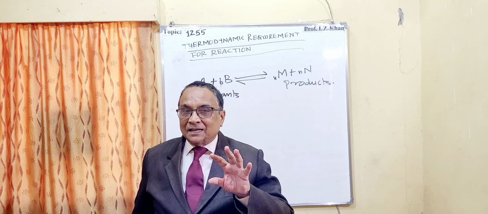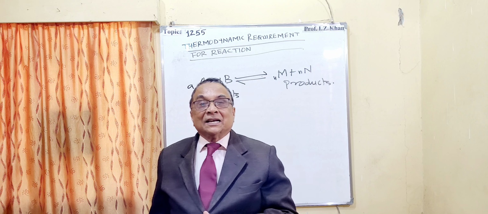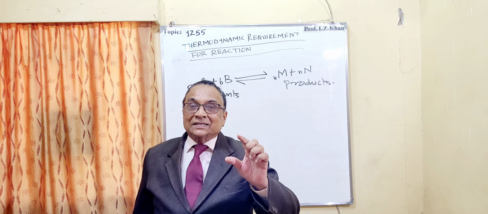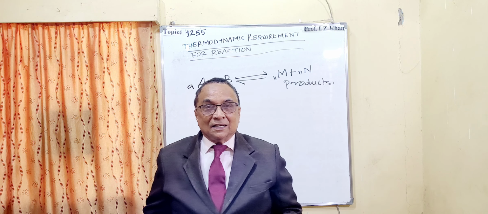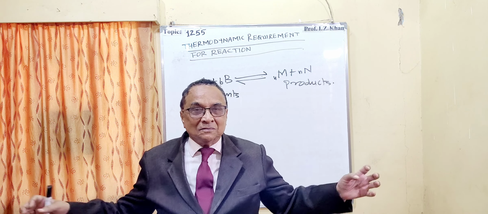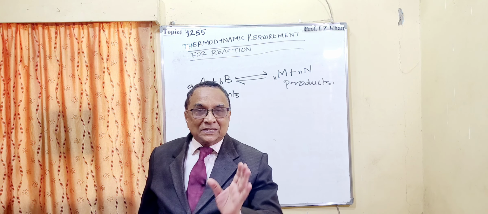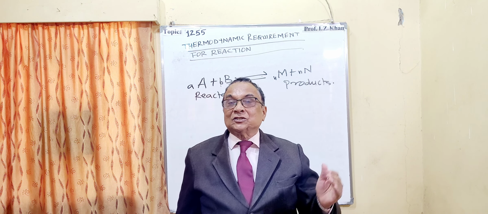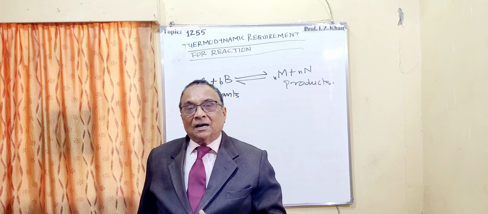If I say enthalpy, it is the heat content of the substance. Entropy means randomness, haphazardness. The more molecules are moving in all directions, that is called entropy change, and that is responsible for changing the reactant into product.